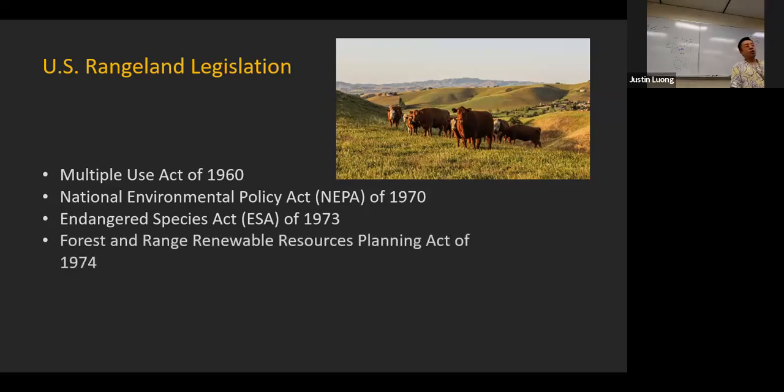There's the Forest and Range Renewable Resources Planning Act of 1974, which establishes a public land policy and guidelines for management, protection, and development that has a goal of enhancing public lands. So again, limiting degradation of resources and promoting sustainability, so to speak.